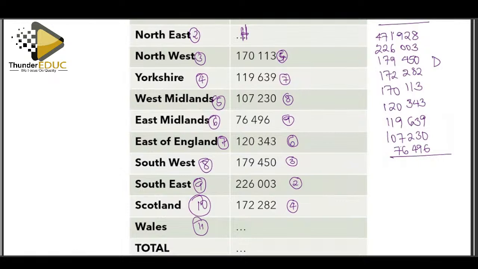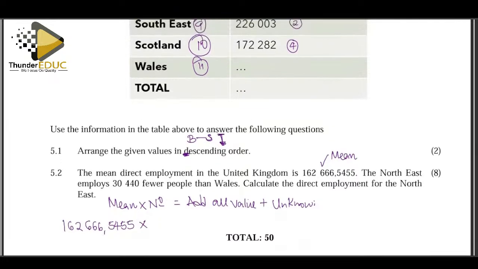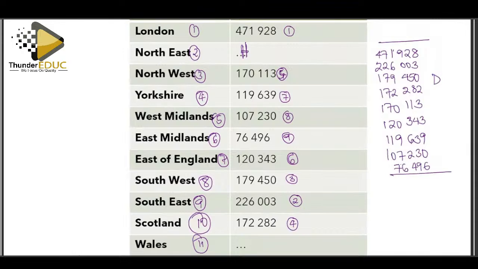But they have told us the Northeast employs 30,440 fewer people than Wales. You understand? In other words, fewer meaning smaller, so it reduces by that much.